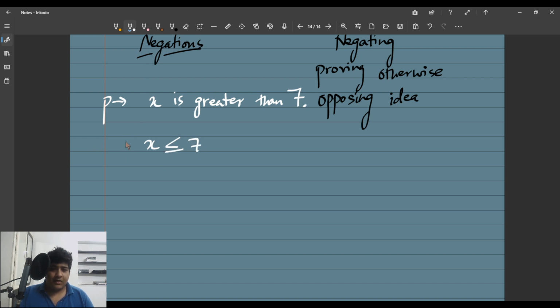So I'll call this statement not p. So you see the symbol I used? This is the symbol for negation of p, or in short we call it not. So not something.